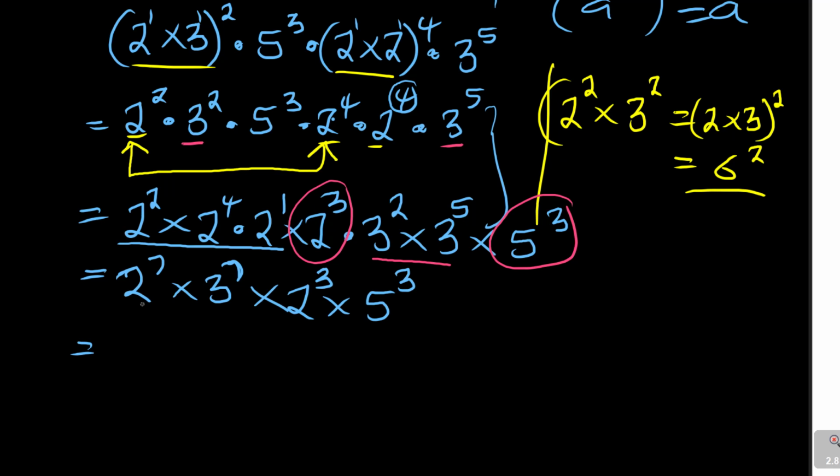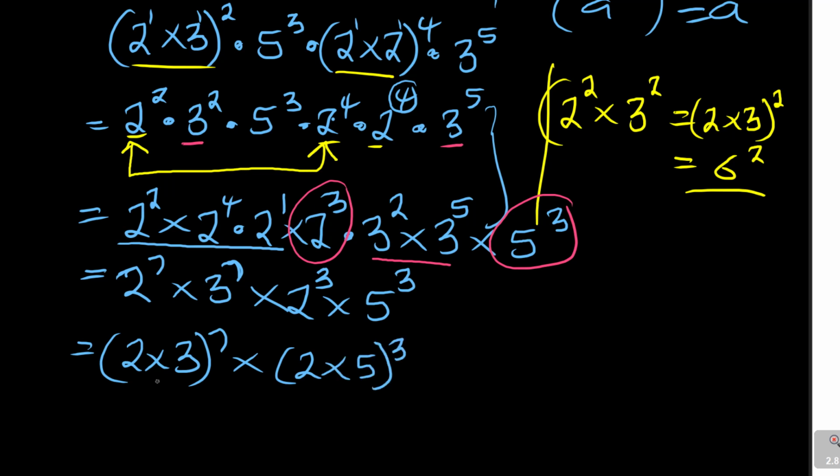So now look at this. If you've got 7 and 7, I'm able to say 2 times 3 to the power of 7, seeing that, times 2 times 5 to the power of 3. Now, this then becomes 6 to the power of 7 times 10 to the power of 3.